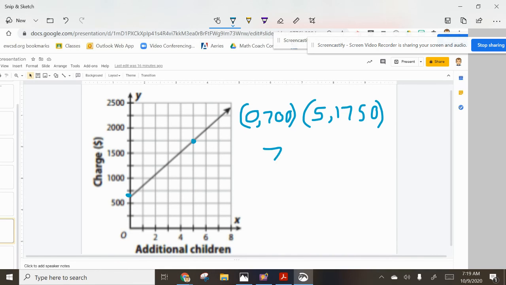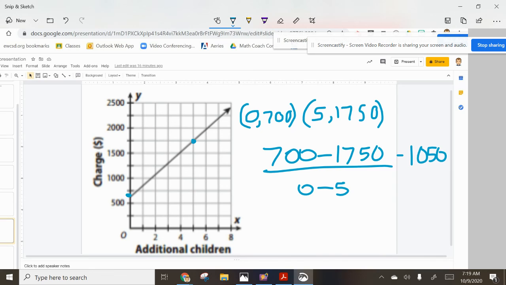If you did it properly, this is what it would look like. Now you're going to take away 700 from 1,750. I'm going to get negative 1,050 over negative 5. All right. Then I'm going to divide.